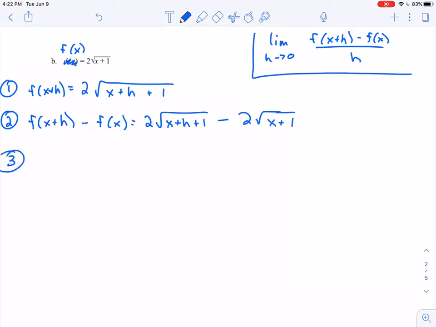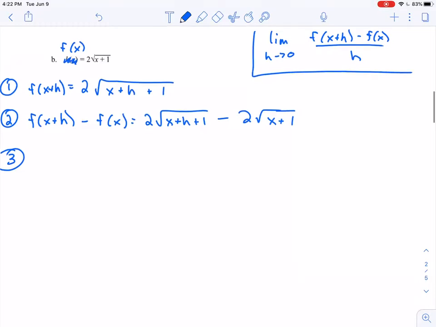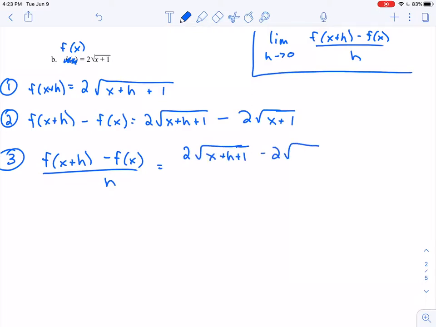Of course, when I say this seems fairly straightforward, it's probably not going to be fairly straightforward coming up here. Next step, what do I do? I have to take what I just found and divide it by h. So f of x plus h minus f of x, take that whole thing, divide it by h. So I'm going to take 2 square root of x plus h plus 1 minus 2 square root of x plus 1 divided by h.